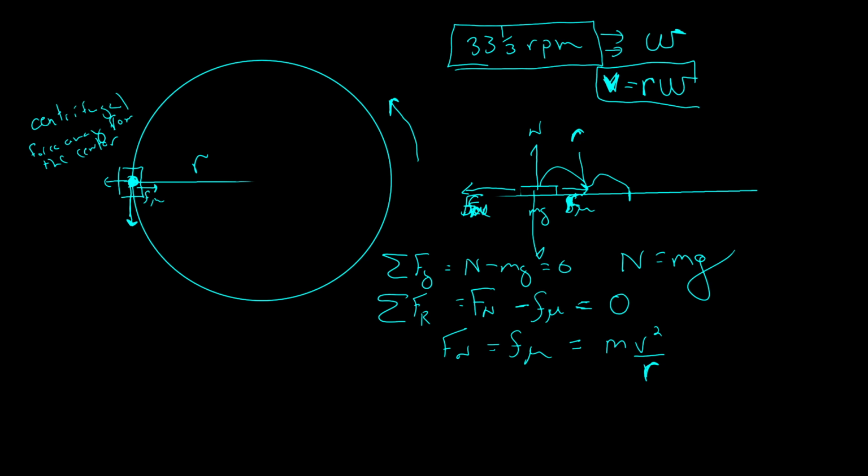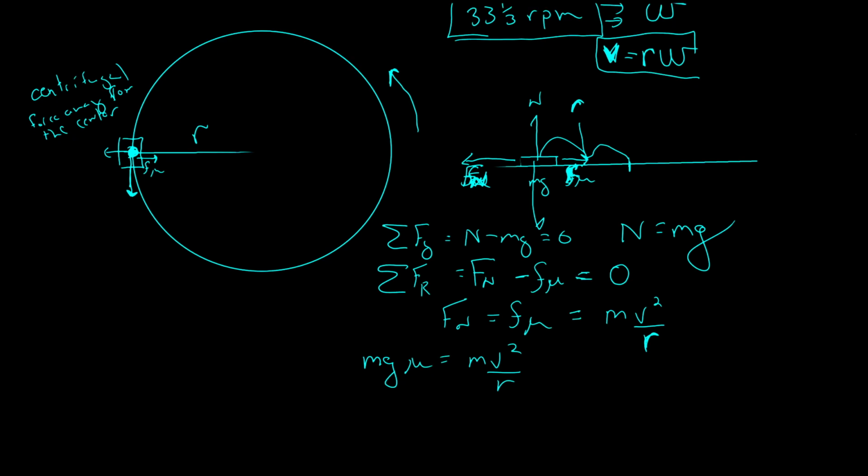I have that right. Sorry, I want to rewrite that. And so the turning force is supplied by friction. The turning force balances out the inertia. But what is friction? Well, that's the normal times the coefficient of friction.